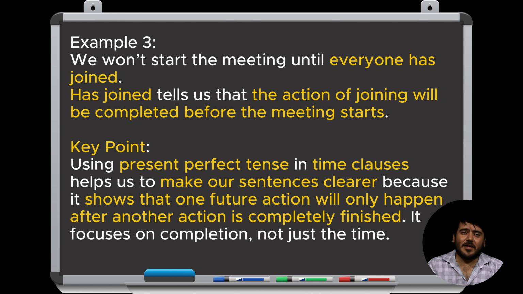The key point: using present perfect tense in time clauses helps us to make our sentences clearer because it shows that one future action will only happen after another action is completely finished. It focuses on completion, not just the time.